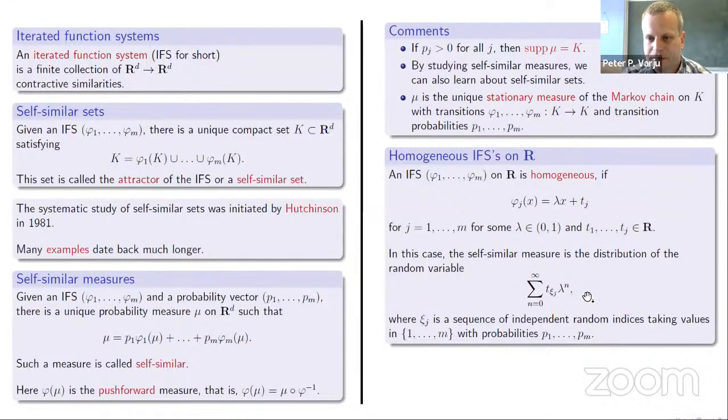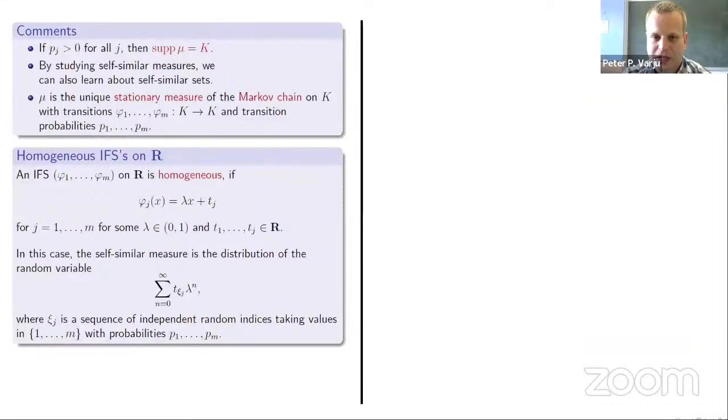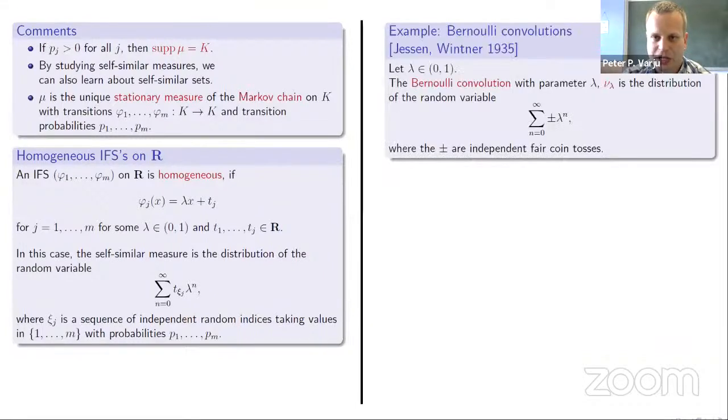And so you multiply these coefficients with lambda to the n and sum them up. Because lambda is less than 1, this surely converges. So you get a random variable, and the distribution of this will be the self-similar measure. This is easy to check from the definition.